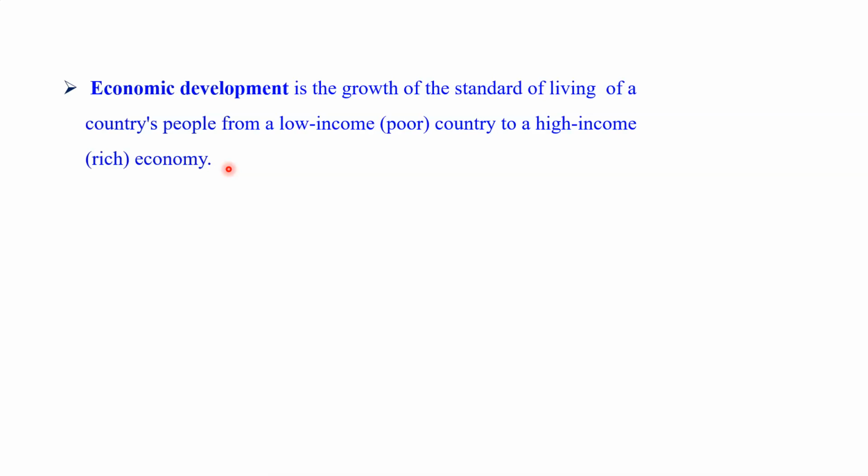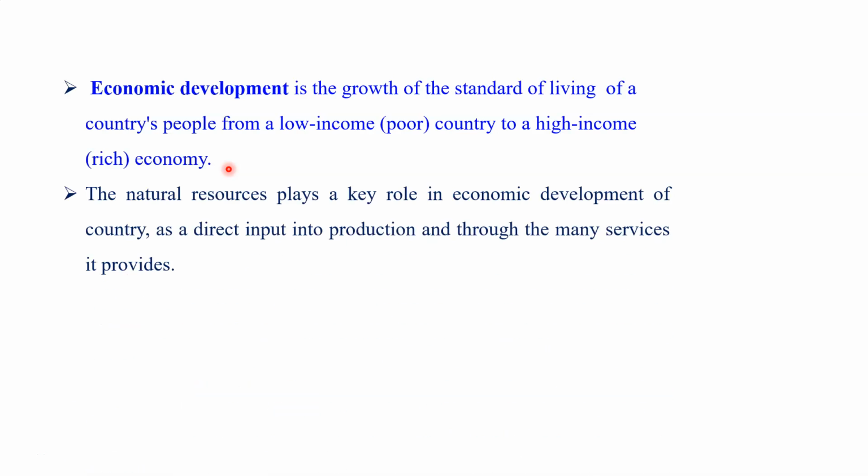But see, if the people don't have a high income, then definitely it will reflect in their poor standard of living. So therefore, in this definition, two things are very important. The standard of living will increase if the people's income is increased. And when the people's income is increased, definitely the standard of living also improves. And when it improves, then it is known as economic development.